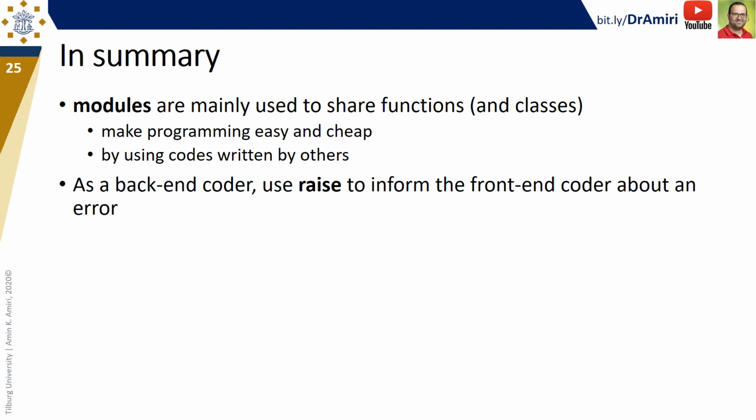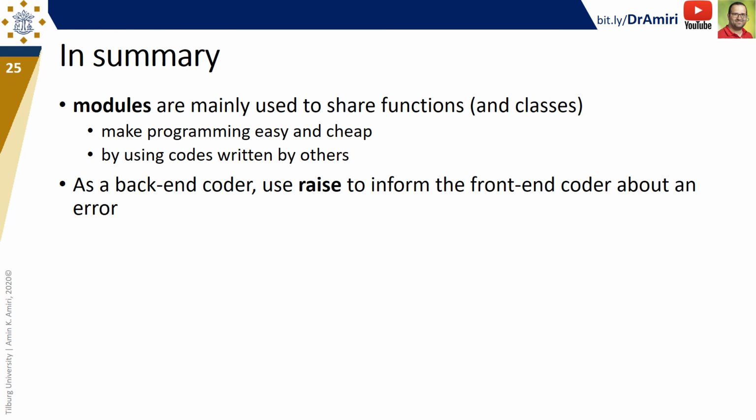So in summary, modules are mainly used to share functions, and later we learn classes and also share classes. In one module, you can have one to many functions, and we can easily get a module from another programmer and use the functions that he already created in our own program.